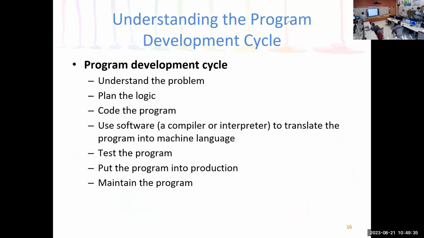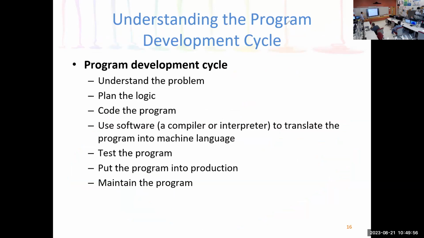Okay, now we have learned about syntax error, logical error, and variables. Now we talk about understanding the programming development cycle. In the programming development cycle, you have some major phases. The first one, you have to understand the problem.